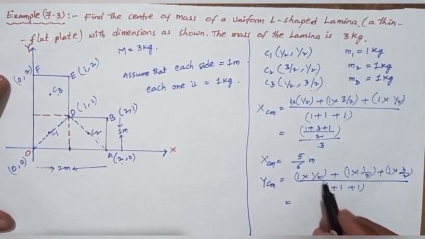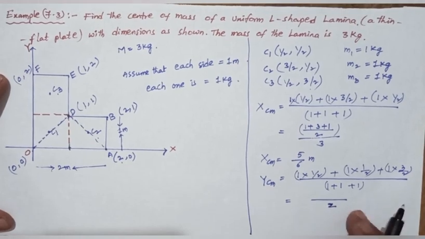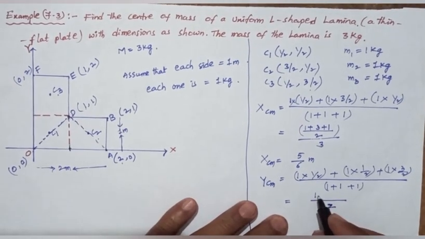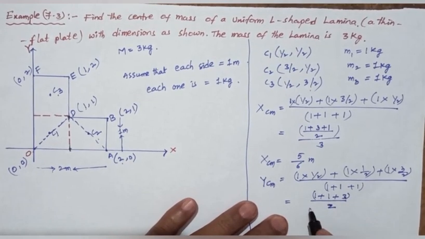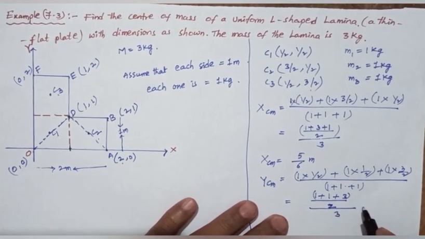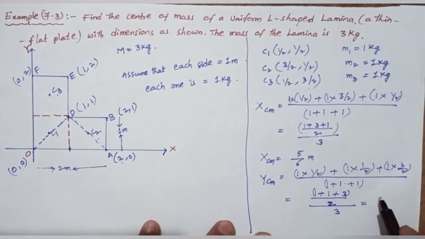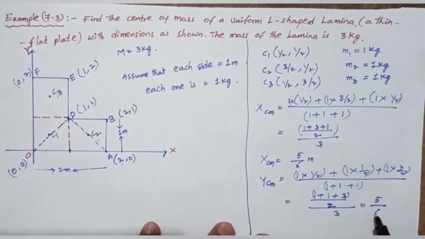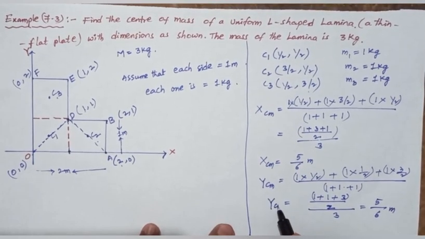Same LCM is 2. So 1 plus 1 plus 3 divided by 3, that equals 5 divided by 6 meters. So this is YCM.